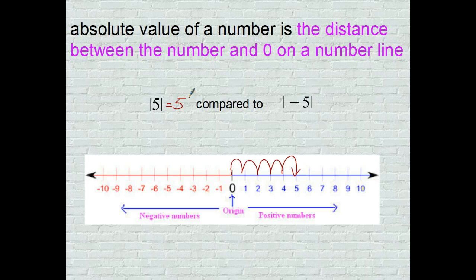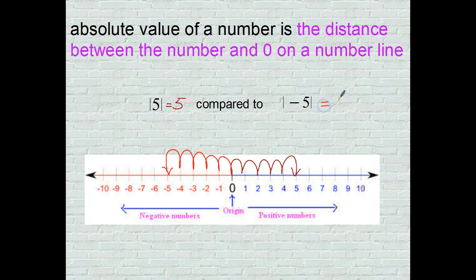Now, if we're going to compare that to the absolute value of -5, it's the same idea, except we are going the opposite direction, but we're still counting the same amount of jumps. So where is -5? It is 1, 2, 3, 4, 5 bunny hops away.